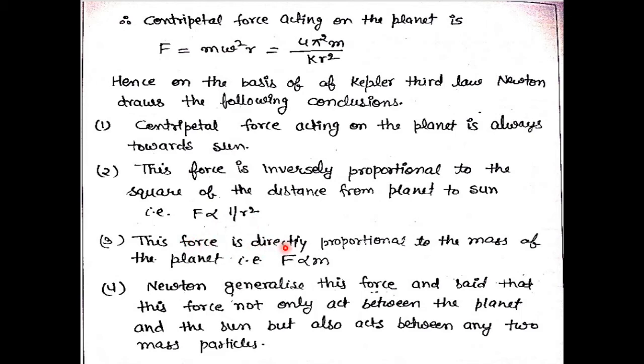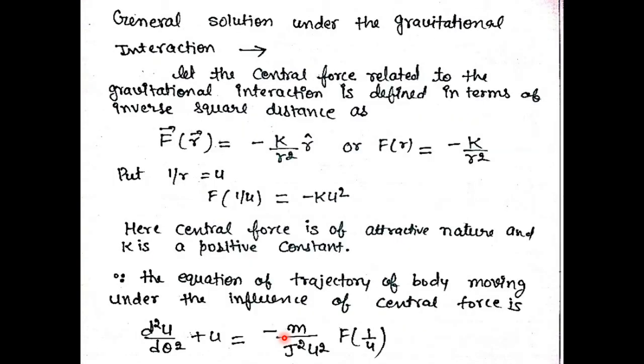Third, this force is directly proportional to the mass of the planet, F directly proportional to m. And fourth, Newton generalized this force and said that it not only acts between the planet and the Sun but also acts between any two mass particles.